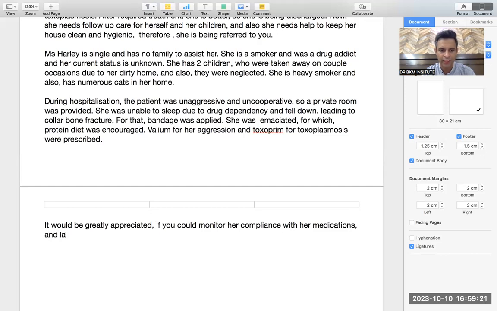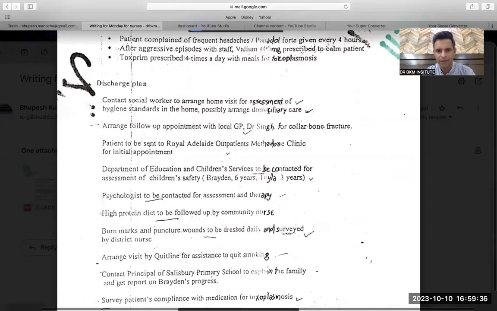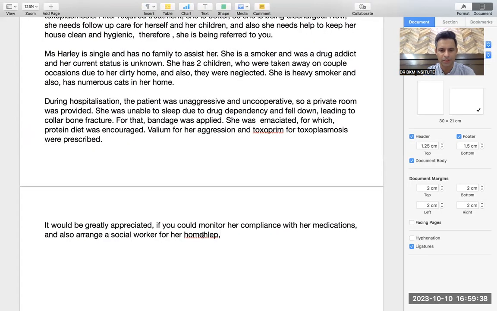And also arrange a social worker. Arrange is a very important word when you are arranging for some other person. Arrange a social worker for her home help. Home help, possibly arrange domiciliary care.